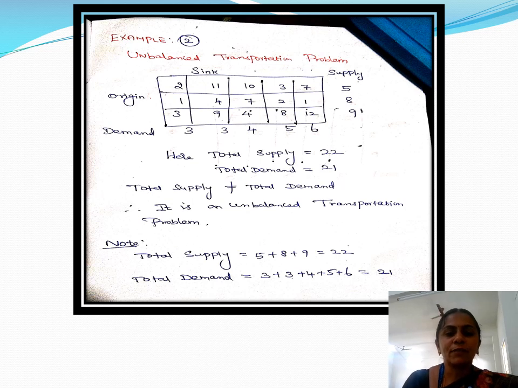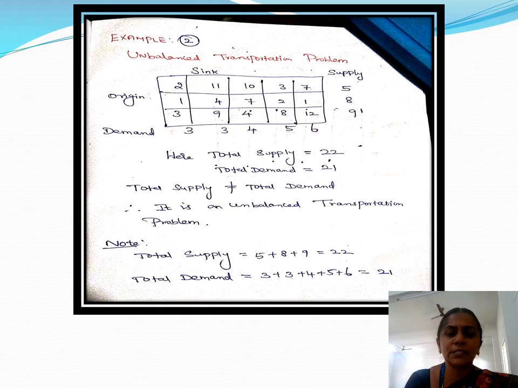Next we see an example for an unbalanced transportation problem. Here the cost of the given problem is 2 1 1 10, 3 7 1, 4 7 2 1, 3 9 4 8 1 2, the supply of the given problem is 5, 8, 9 and the demand is 3, 3, 4, 5, 6.